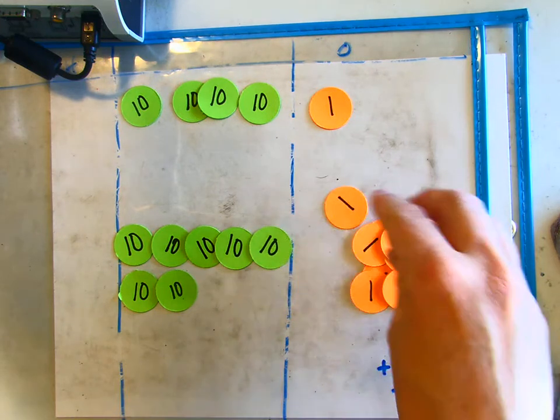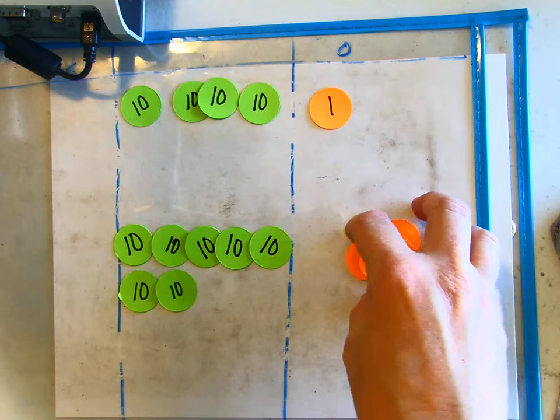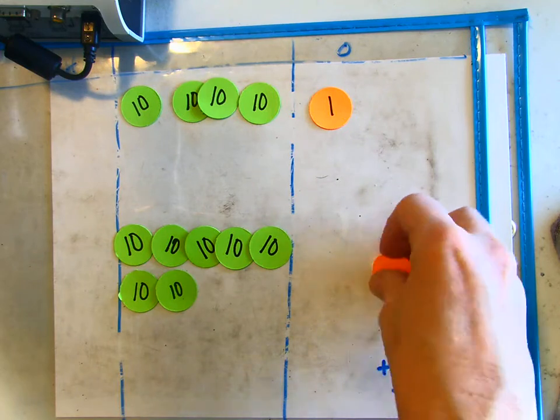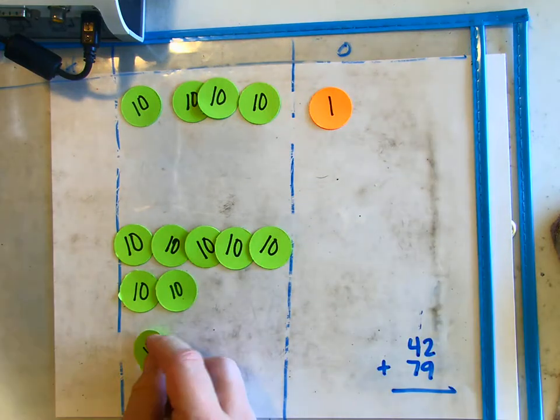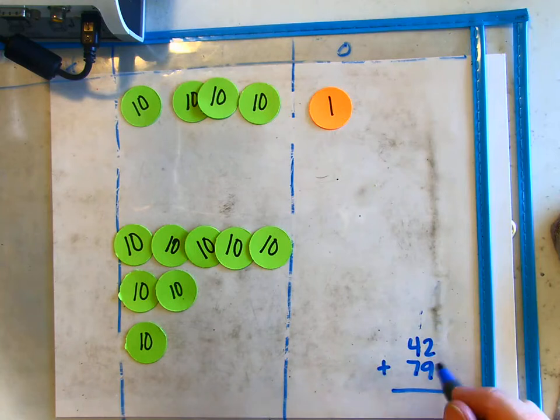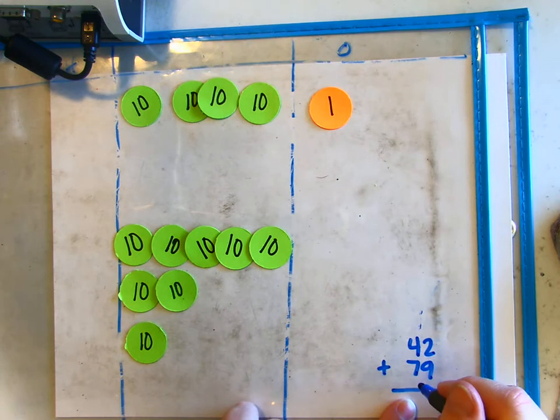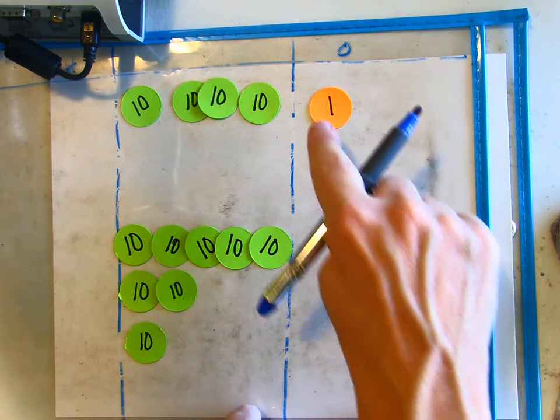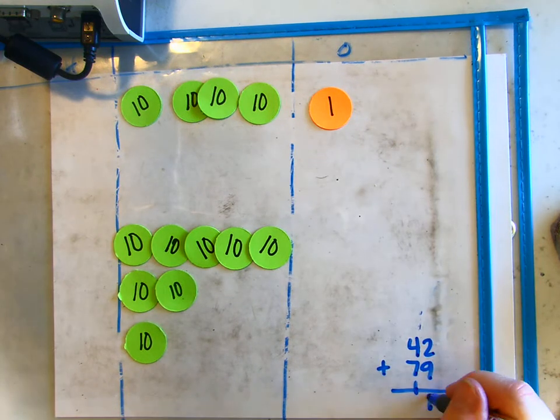So I'm bundling, composing my group of ones, and I'm going to swap that out for a 10 and add it here to the bottom. If I add it here to the bottom, I have to add it to the group of 10s over here at the bottom. So there was 1 10, and then 1 1 is left.